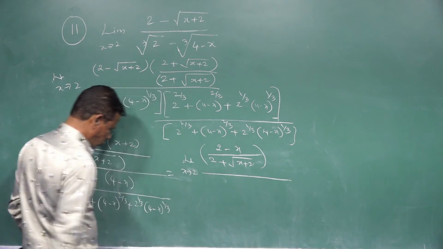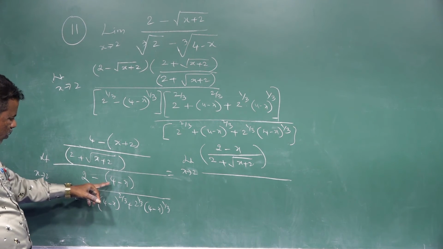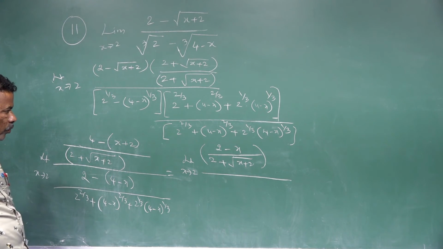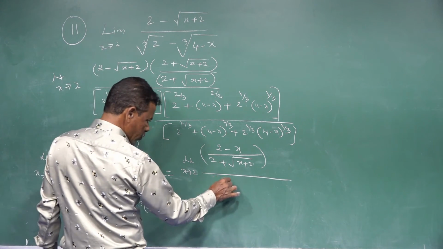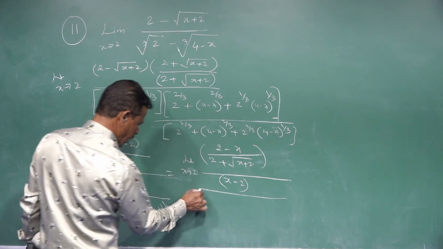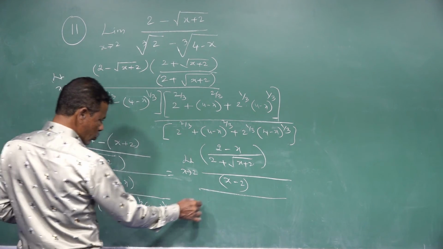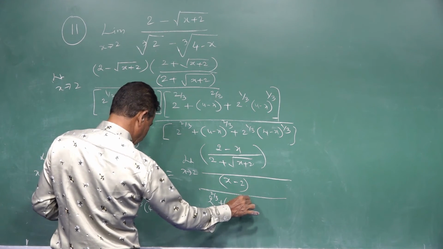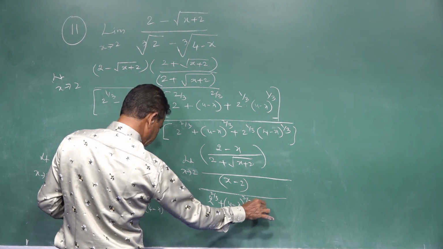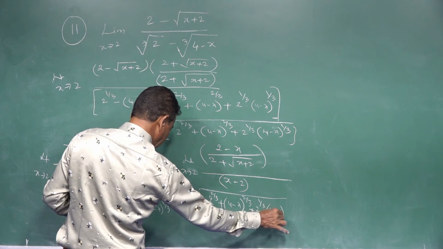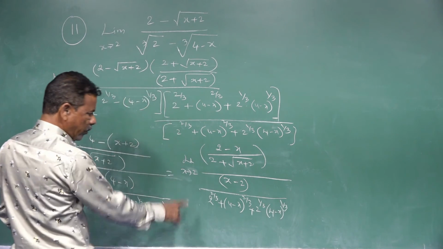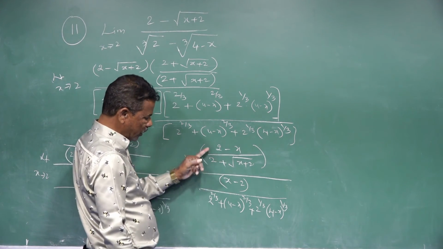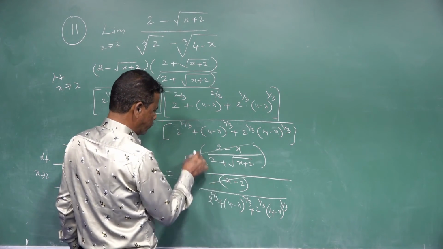And in the division, here 2 minus x, that means x minus 2 in the denominator. The other terms are as it is: 2 power 2 by 3 plus (4 minus x) power 2 by 3 plus 2 power 1 by 3 times (4 minus x) power 1 by 3. Limit x tends to 2. So here 2 minus x, here x minus 2, that's why cancelled by minus 1.